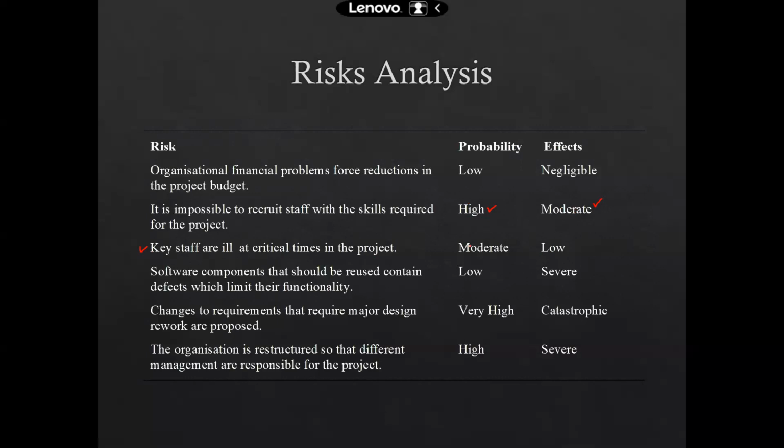Now, over here, the probability is moderate, but the impact on your project is low. Now, if you look at this one, software components that should be reused contain defects which limit their functionality. Over here, the probability of occurrence of this risk is low, but if it occurs, the impact on the project is severe, right?